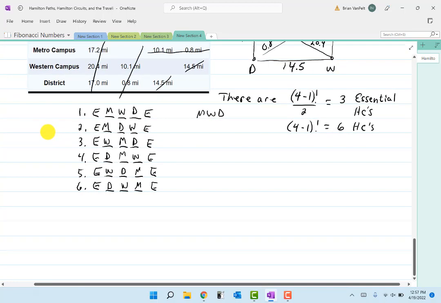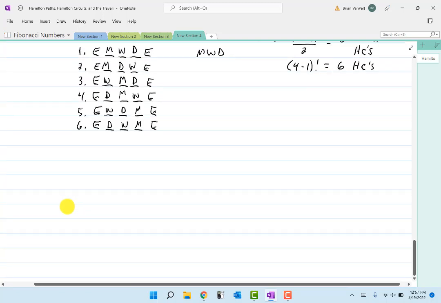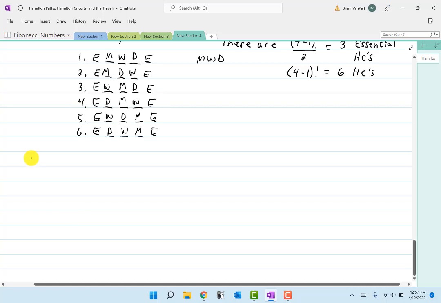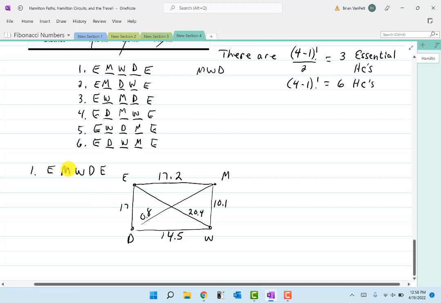Now let me get the totals of these weights. I'm going to do this in some detail so that subsequent examples I don't need to do in such detail. So let's start with circuit number 1, E, M, W, D, E. All right, so we start with path number 1. Let's add them all up. Here I have EM. EM was 17.2.